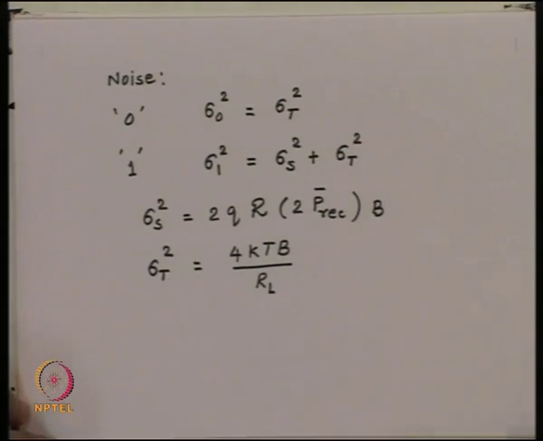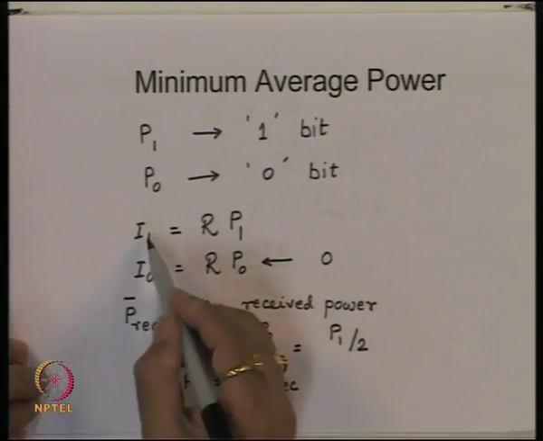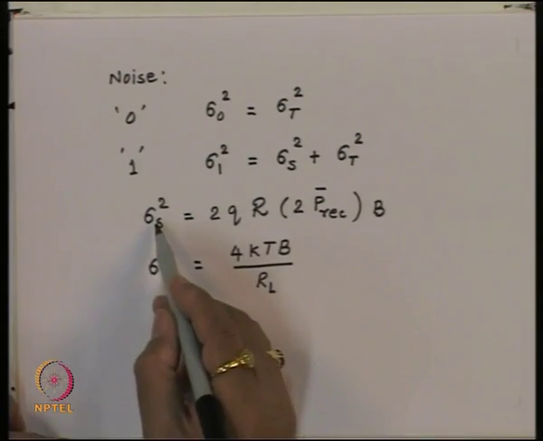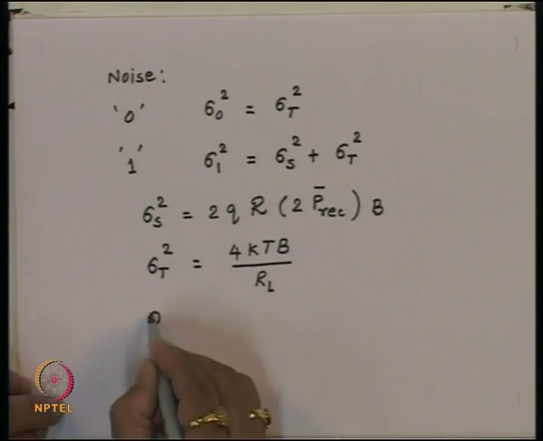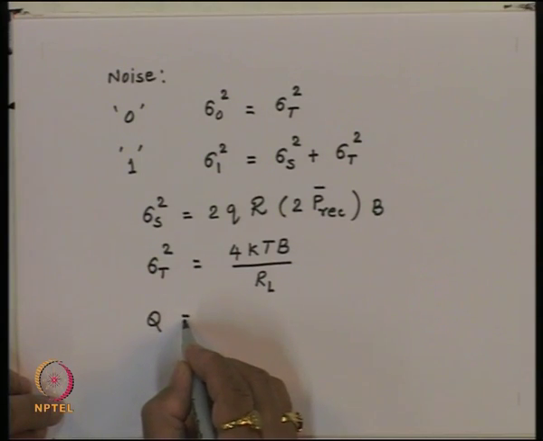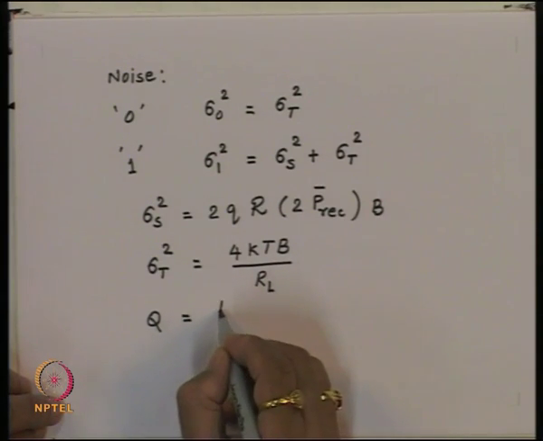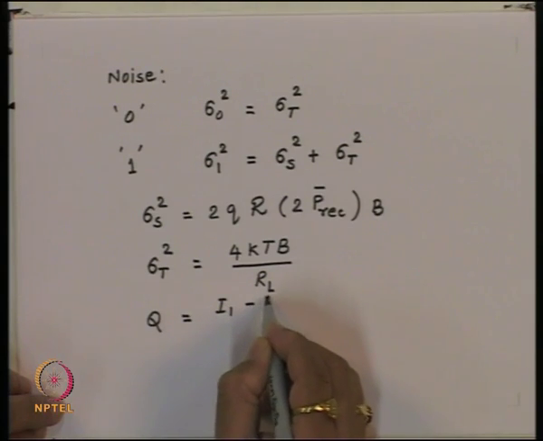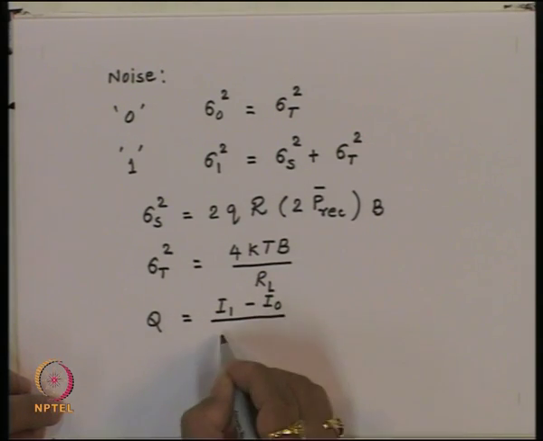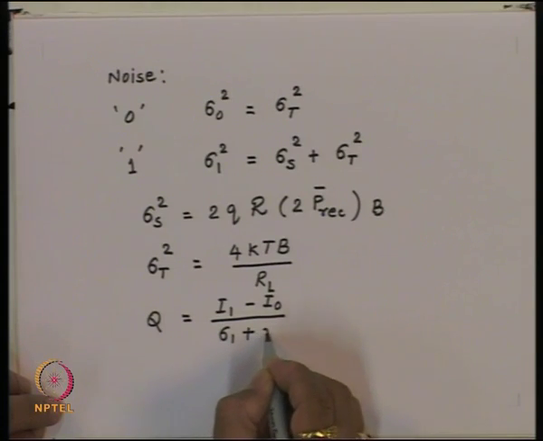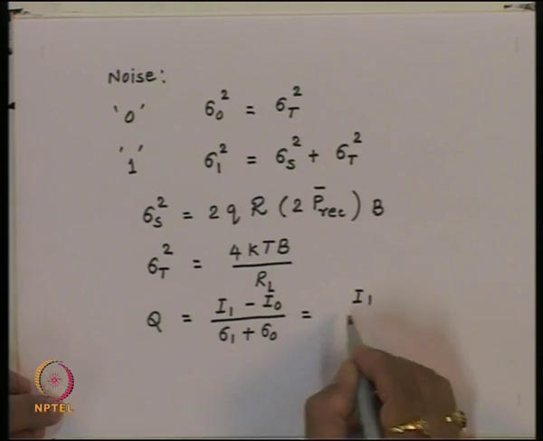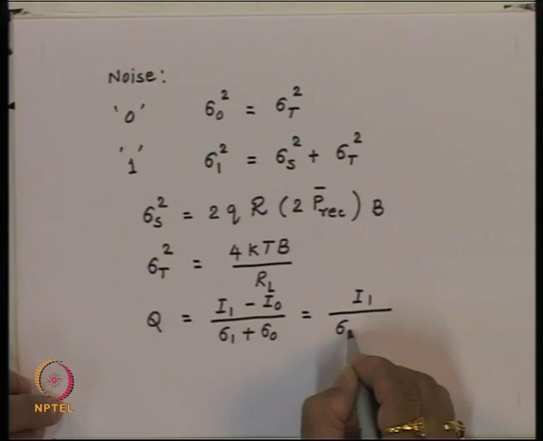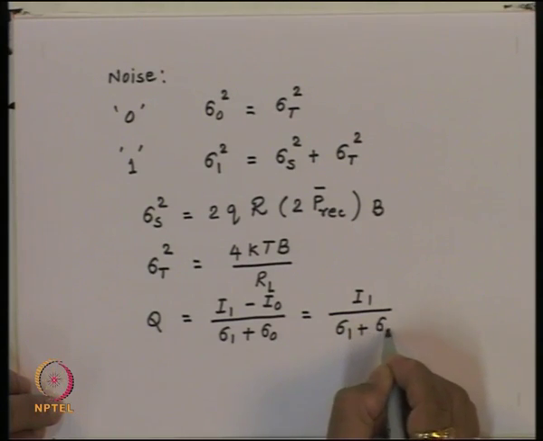Once we get these quantities, we know these levels I1 and I0, and I0 is 0, and we also know sigma s and sigma t. So, we can now define the quality factor Q, which is equal to I1 minus I0 divided by sigma 1 plus sigma 0, and since I0 is 0, this is essentially I1 divided by sigma 1 plus sigma 0.